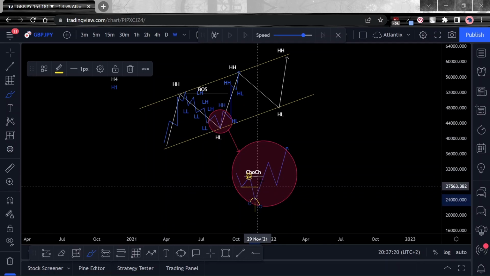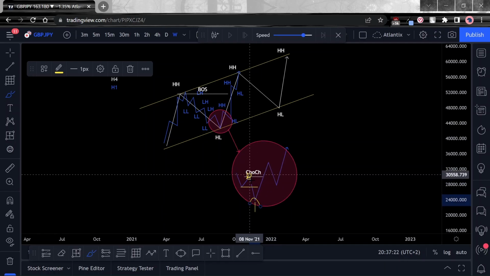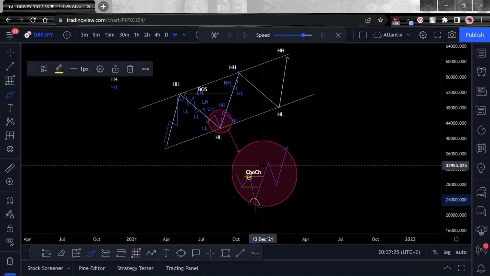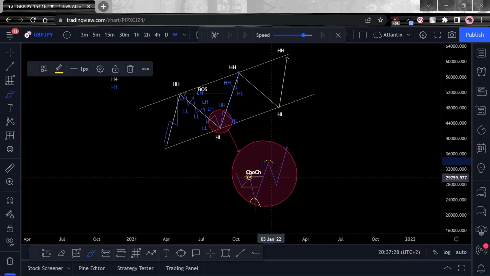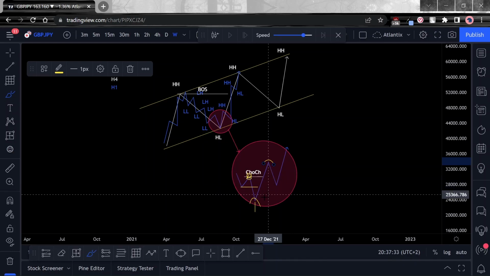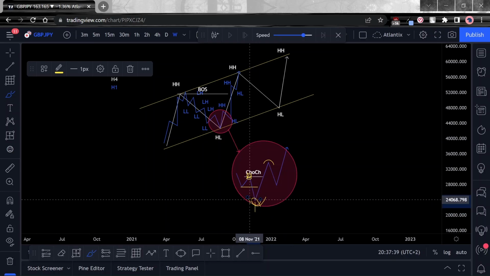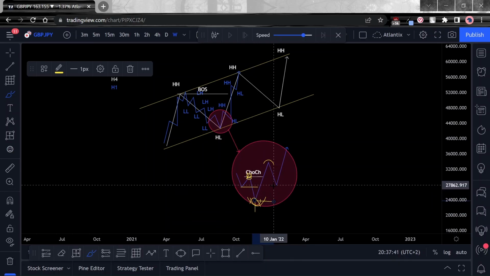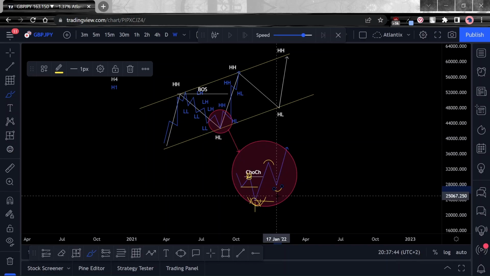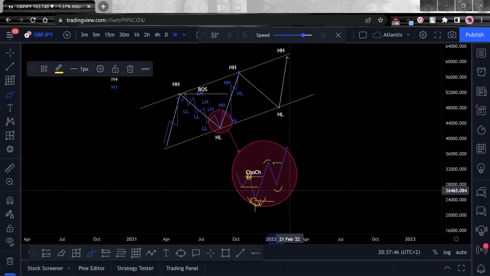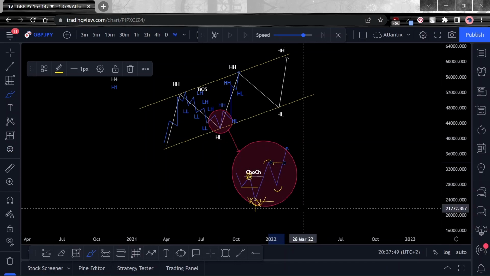But once we start to see a shift like this and we see this violated, then we know there's a possibility that a bullish trend is starting. The bullish trend is only confirmed as long as this low over here is not broken, right? So if this low is not broken, then we know that price has created a higher low when it breaks this high again. I hope we're still together.